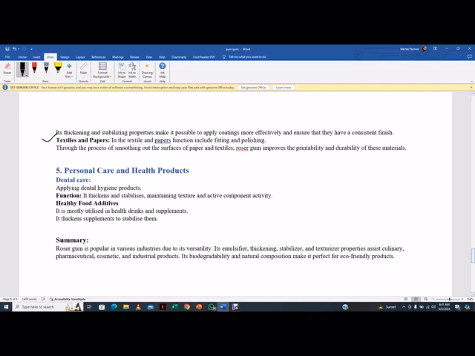Its natural and biodegradable properties make it suitable for sustainable and eco-friendly formulations. So, our applications end here.